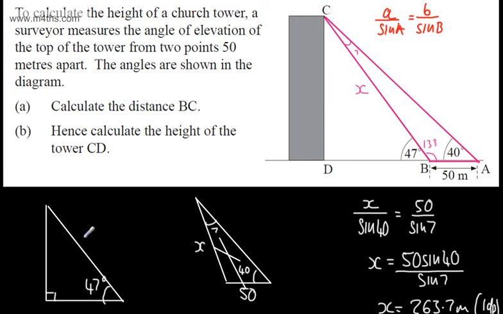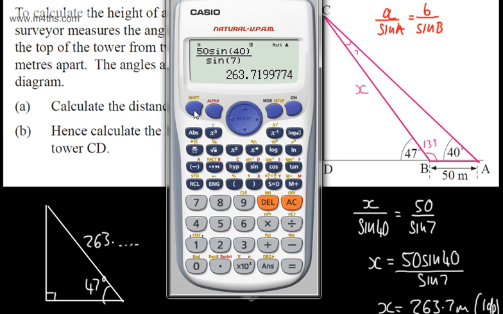And we found this length right here, 263 point dot dot dot, which I could, if I wanted, store in the calculator. So we've got 263.7 and so on. Shift store A. Just in case I make a mistake, I can bring that back by pressing recall A at any time. So recall A will bring that value back.